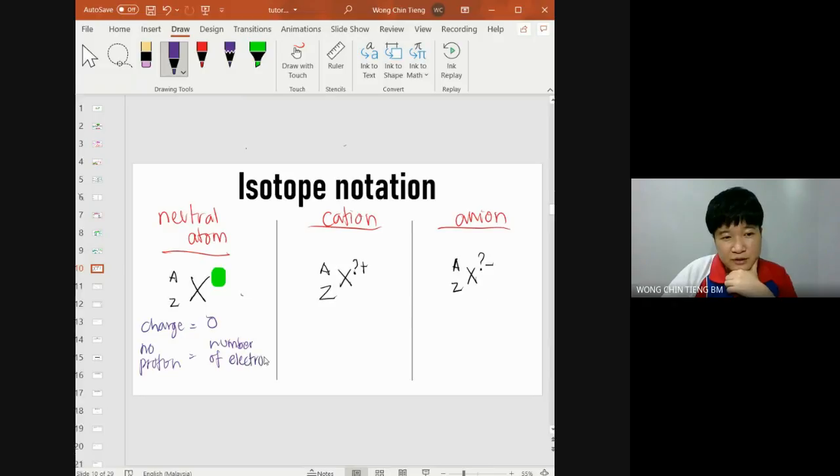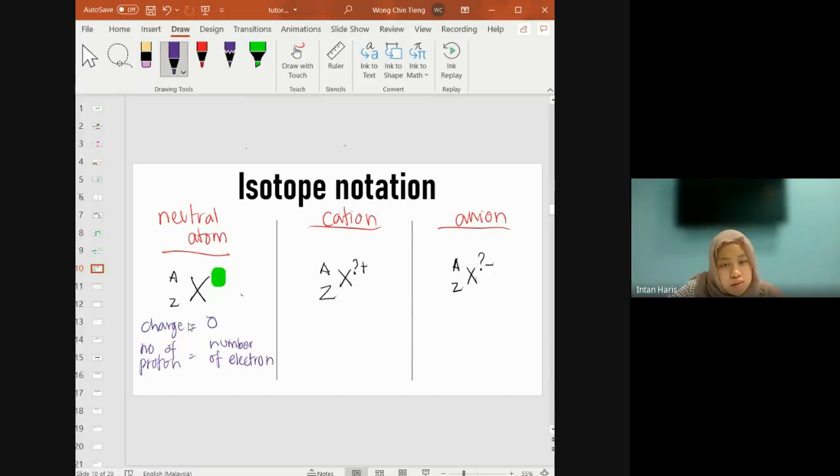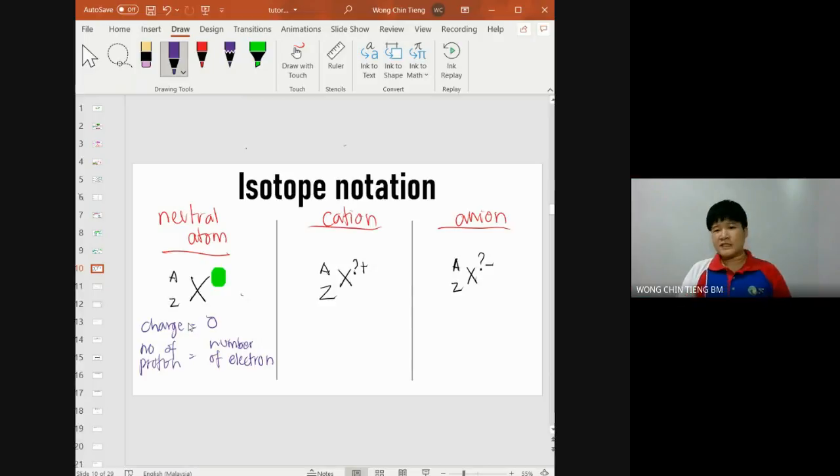Kenapa kalau proton number sama dengan number of electron, charge akan jadi 0? Sebab dia neutral, tak dia lebih negatif atau positif. Saya tak jumpa lagi ayat yang saya nak. Syahira? Why when the number of proton equals to the number of electron, the charge is 0?